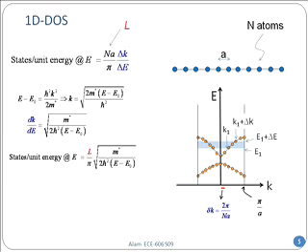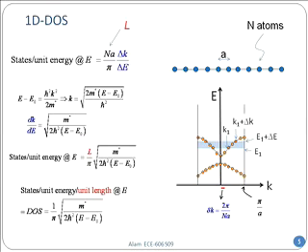Now, if I wanted to know, instead of this sample of length L, how many states I have per unit length, I'll just divide it by L. The bottom one is just the previous one divided by L, per unit length at E. That is density of states.